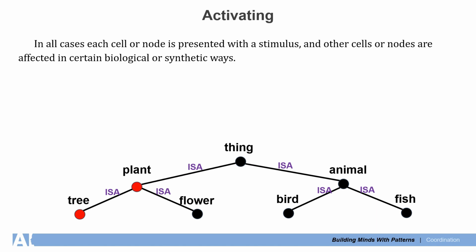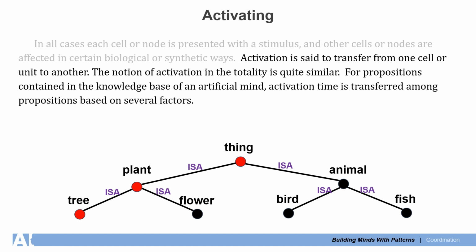In all cases, each cell or node is presented with a stimulus, and other cells or nodes are affected in certain biological or synthetic ways. Activation is said to transfer from one cell or unit to another. The notion of activation in the totality is quite similar. For propositions contained in the knowledge base of an artificial mind, activation time is transferred among propositions based on several factors.